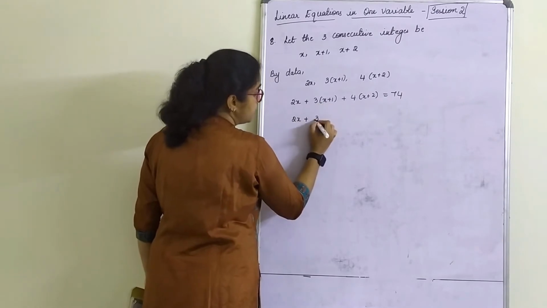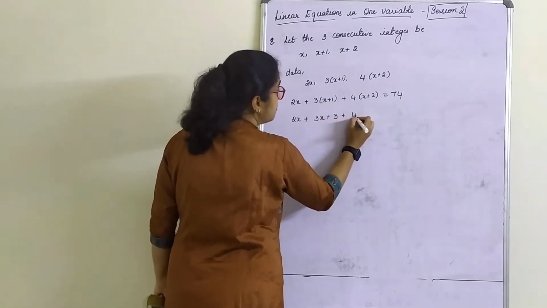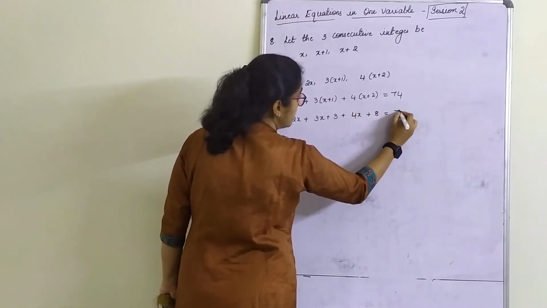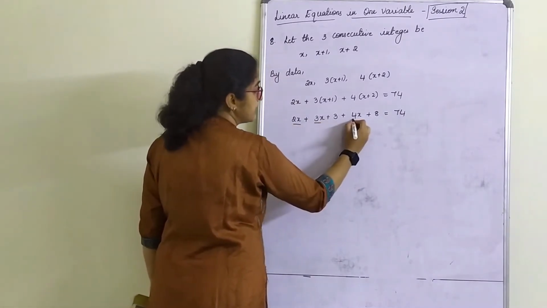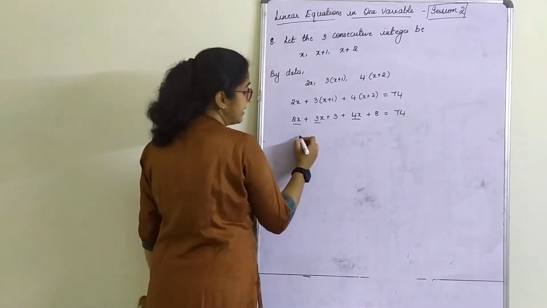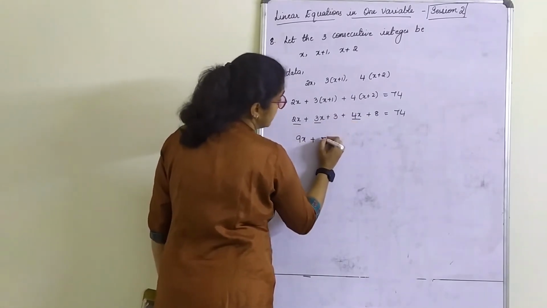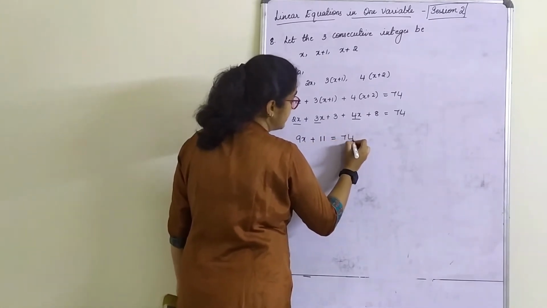2x, 3x into x is 3x plus 3, plus 4x plus 4, 2s are 8, is equal to 74. So 2x, 3x and 4x add up to 9x. 8 plus 3 is 11, is equal to 74.